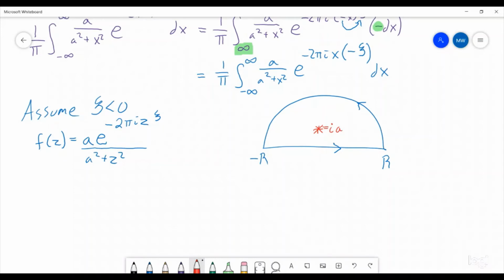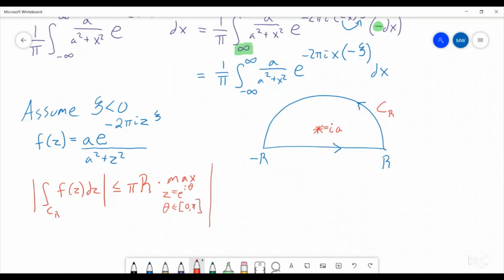We are going to first integrate over this circular arc, which I'm going to call c sub r. So the size of the integral over c sub r of f of z dz is less than or equal to the length that we integrate, which is pi times r, multiplied by the maximum over all the values on there, so all the z equals r e to the i theta, for theta in the interval from 0 to pi, of our function where z is equal to r e to the i theta.